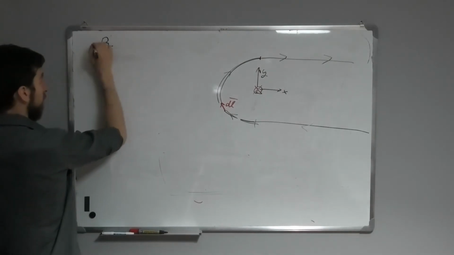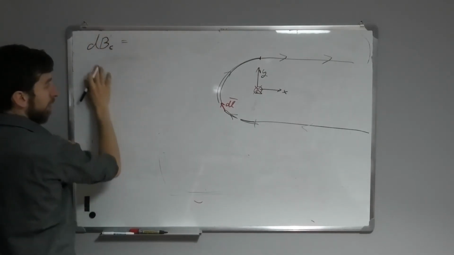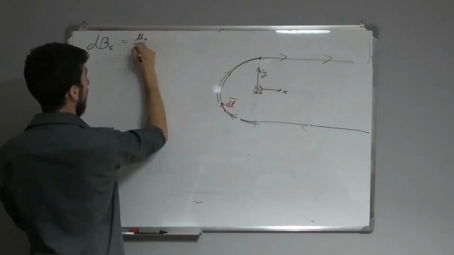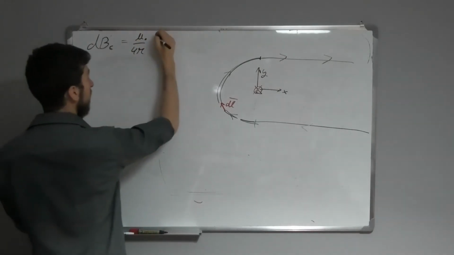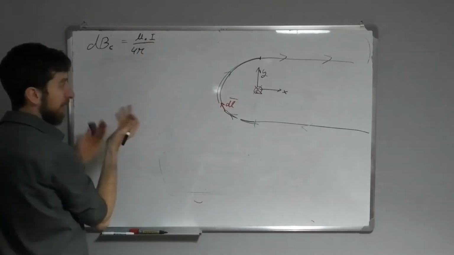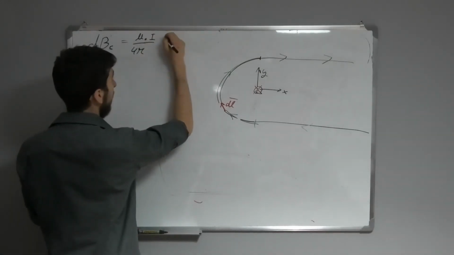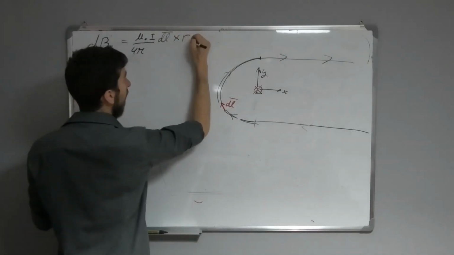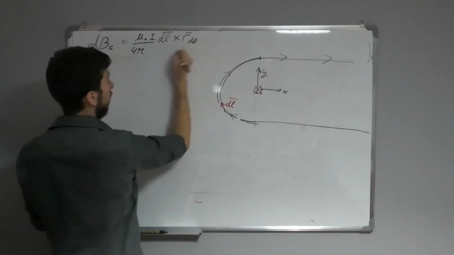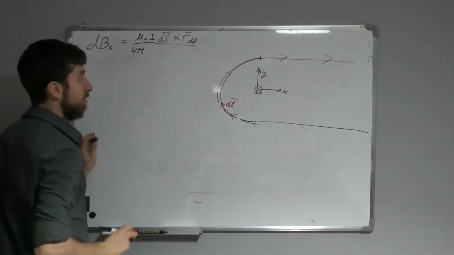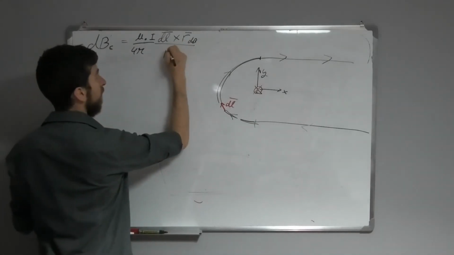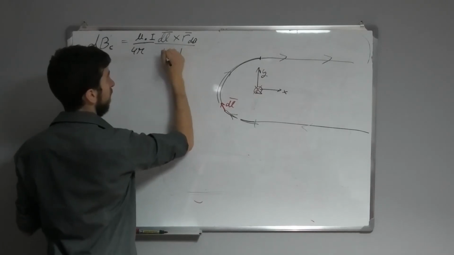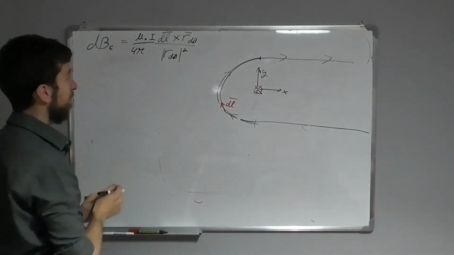So dB of C, the differential, is mu 0 over 4 pi, which is just a constant, I, which is also a constant, but then I have dl, which is a vector, cross r, which is also a vector, and since up here I have a vector, down there I need r squared, magnitude squared, okay, perfect.